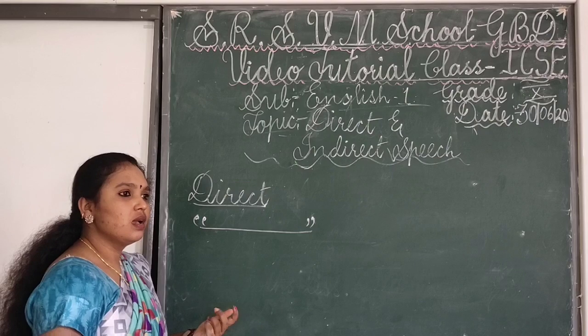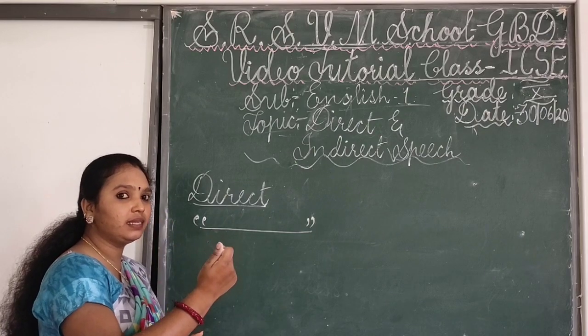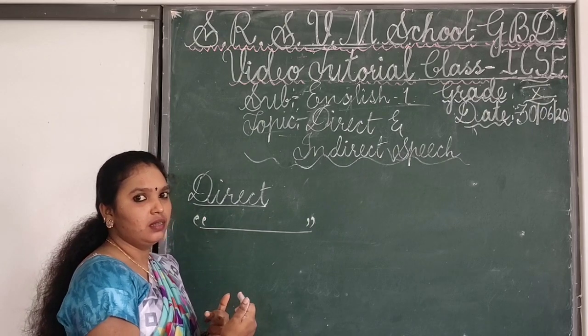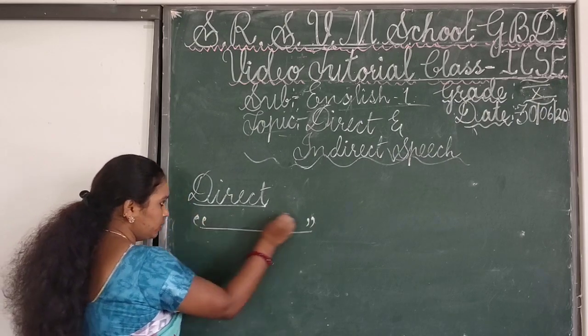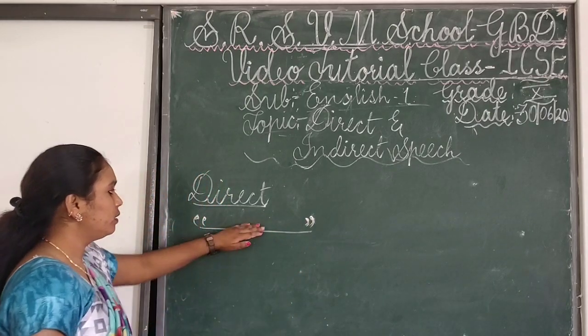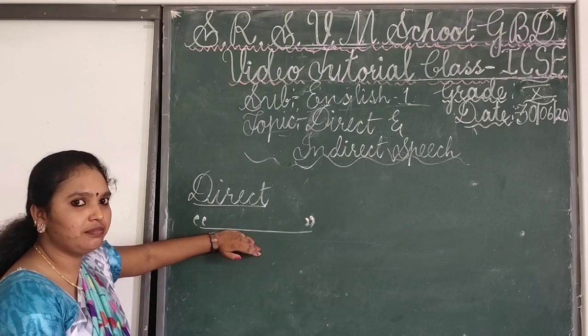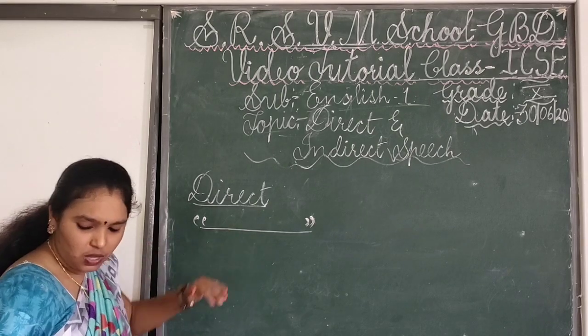Clear? Sometimes words cannot be replaced. What Gandhiji said cannot be replaced by me. So, we give the inverted commas just to note that the words were spoken by the speaker himself or herself. Okay, clear?